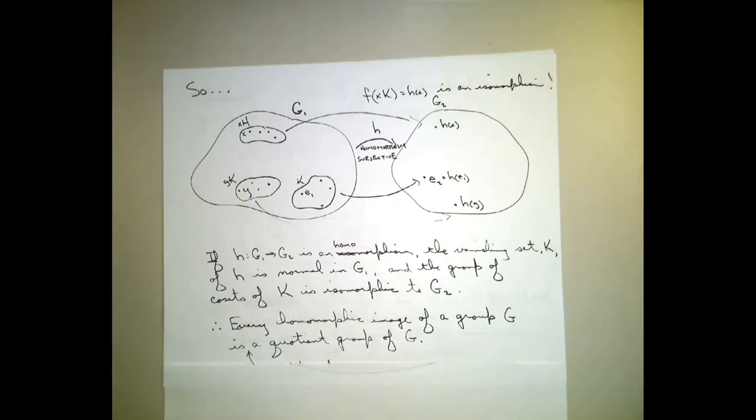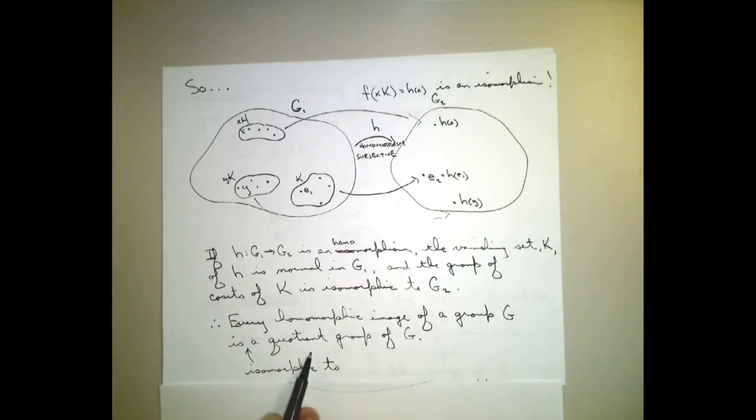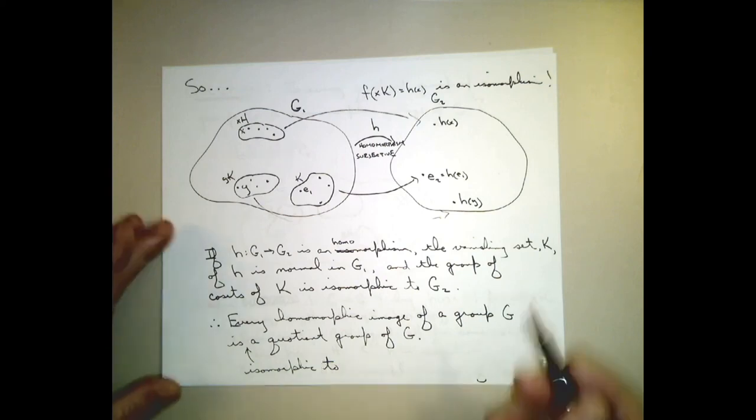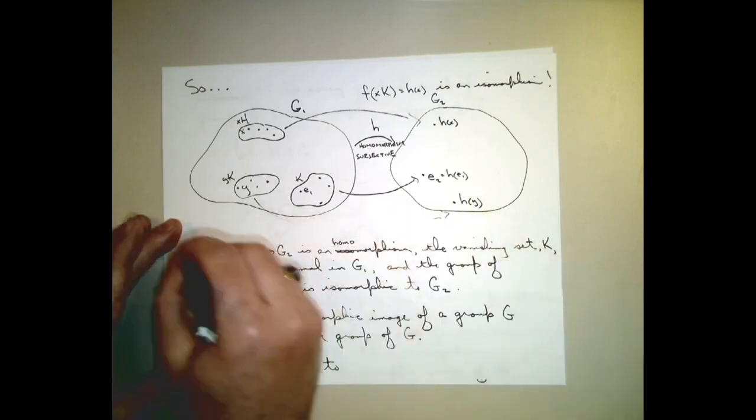Therefore, what we have is that every homomorphic image of a group G is, you almost want to say, a quotient group of G. Technically, it's isomorphic to a quotient group of G, but we would not distinguish between the two. From an algebraic viewpoint, they have exactly the same structure. We think of them as the same. And so this is the fundamental theorem of group homomorphisms right here.